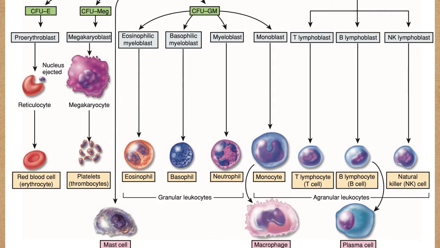These are important for the killing of microorganisms. Also the B lymphoblast becomes the B lymphocyte. So if it's still a blast, it's still not mature. Then this B lymphocyte or B cells could become the plasma cells later as it travels somewhere. We mentioned about this before. But anyway, the NK lymphoblast becomes the natural killer cells.